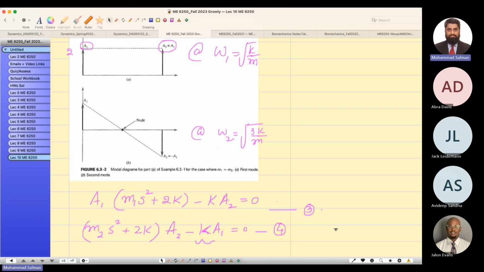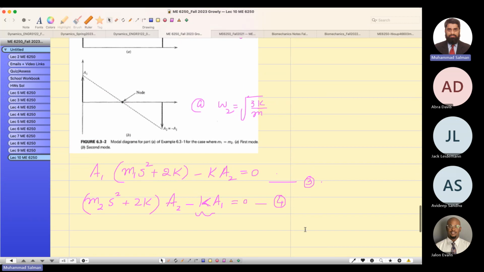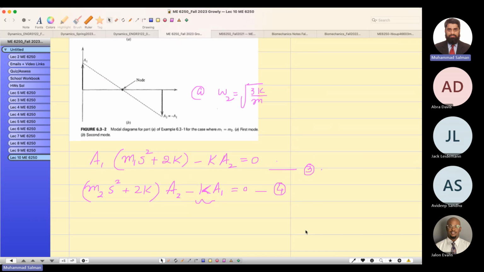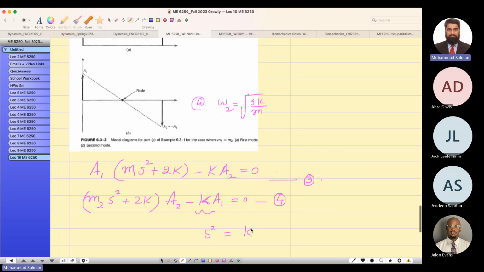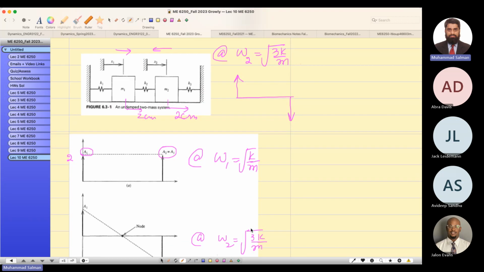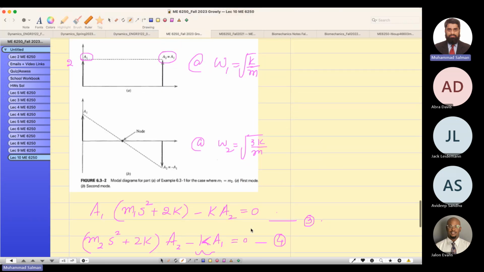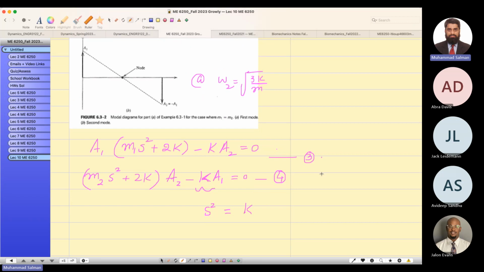Okay, once you are clear about it, now you have to select. What do you have to select? You have to select s square. S square equals k over m. Let me show you. This one is plus minus. I'm sorry, this one is negative k over m.